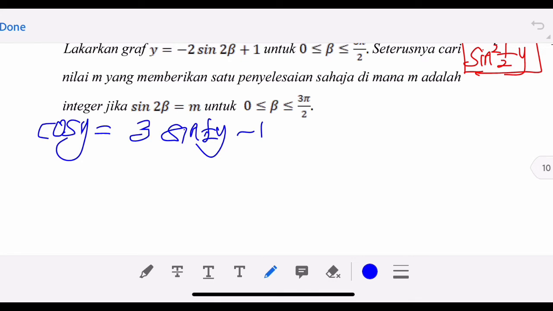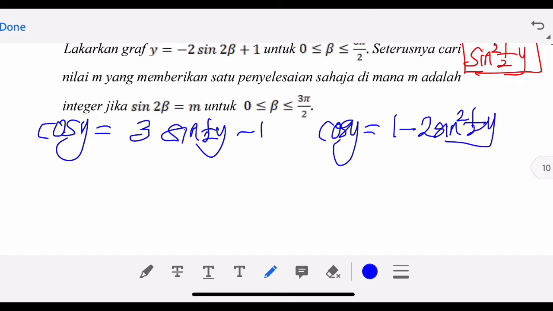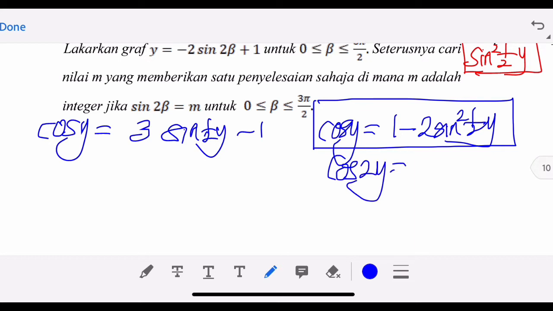Now because we have learned cos y just now, from the list that I showed you, cos y is equal to how many? Half y. Do you still remember the formula? You can try to write down 1 minus 2 sine square half y. There's a square. This is the formula that we are supposed to use. In fact, I have explained that it comes from the cos 2y formula in the SPM formula list.